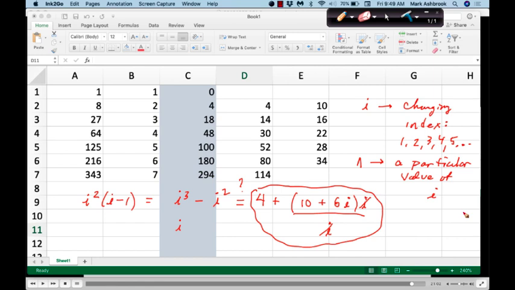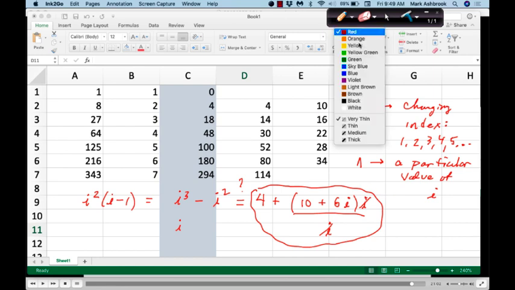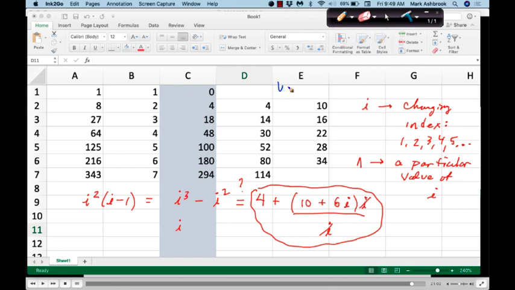WebWork uses n like I, the way we're using it in class. So when you get to WebWork, you're going to see lots of n's. And you need to think of those as i's that we're using in class, the changing value. Make sense? So I know that's confusing.